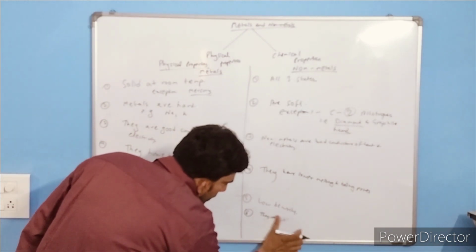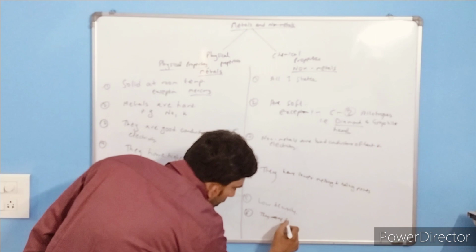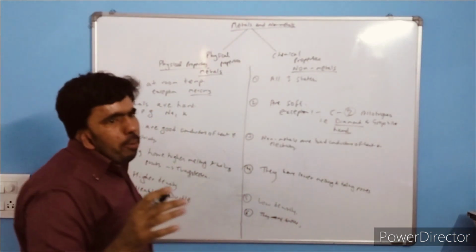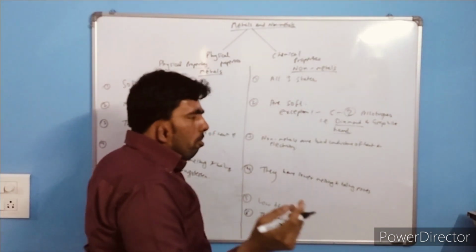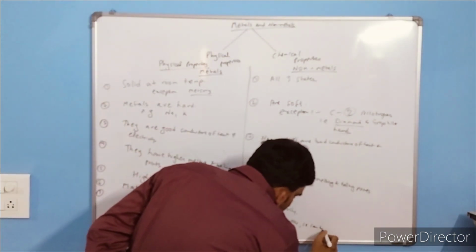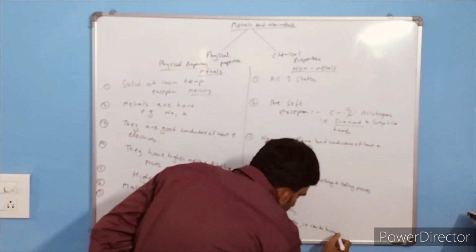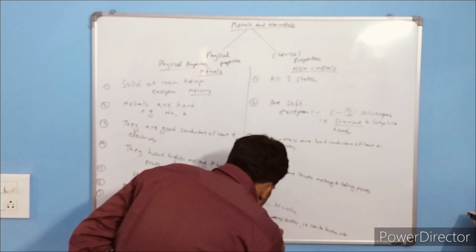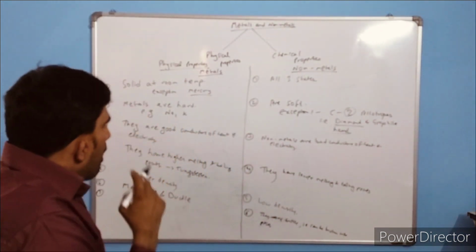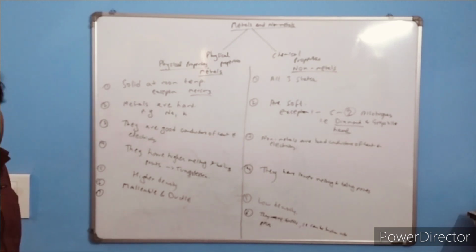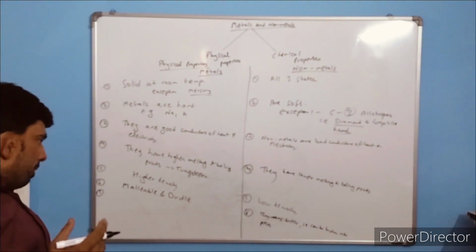What do we mean by brittle? Brittle means they can be broken into pieces. So these are the basic differences in terms of physical properties between metals and non-metals.